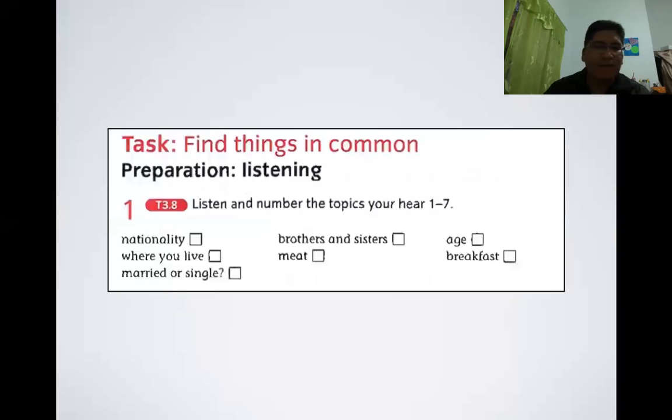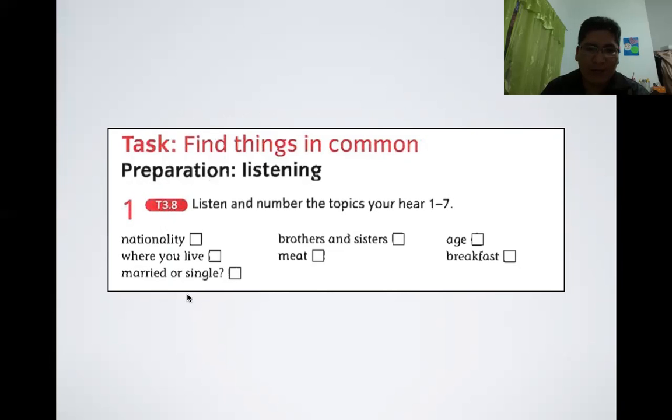Let's continue. Okay, find things in common. This is the task. Find things in common, encontrar cosas en común. Preparation, listening. Exercise number 1 is telling us that you have to listen and number the topics you hear from 1 to 7.